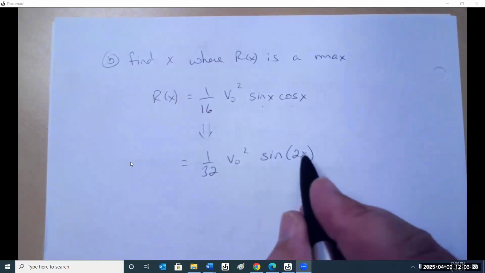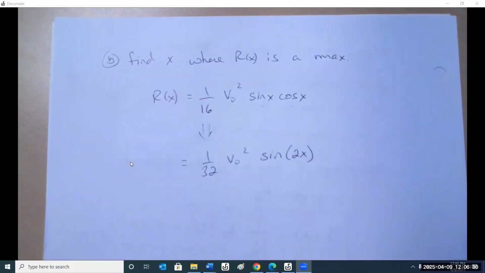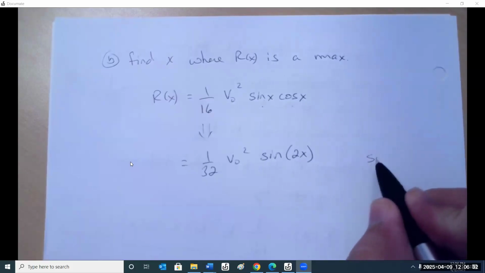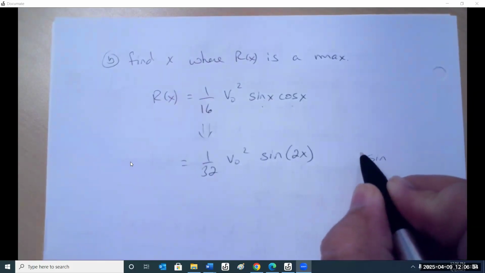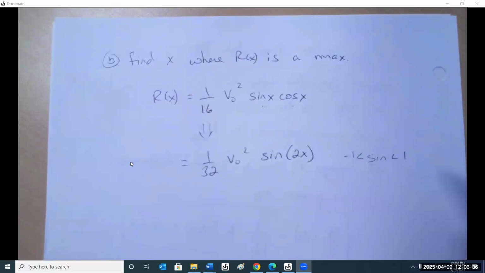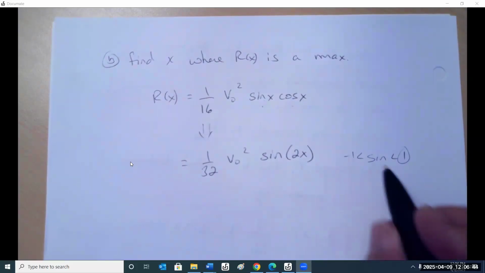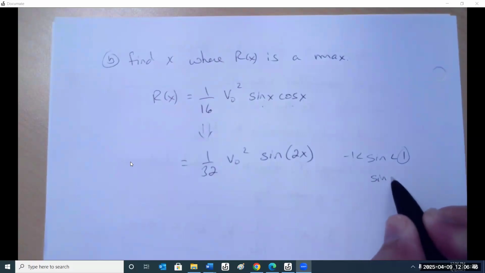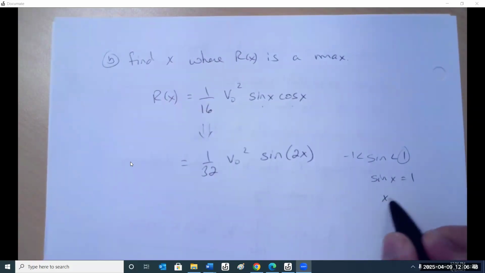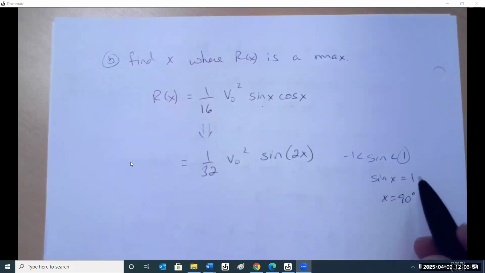So the maximum sine can have is what? The maximum sine can have is 1. Where does sine get the value of 1? When x is 90 degrees. So it achieves its maximum value at 90 degrees.